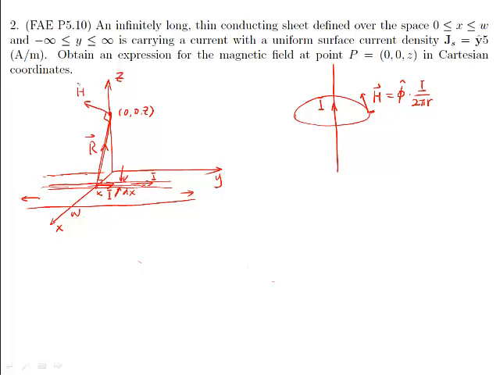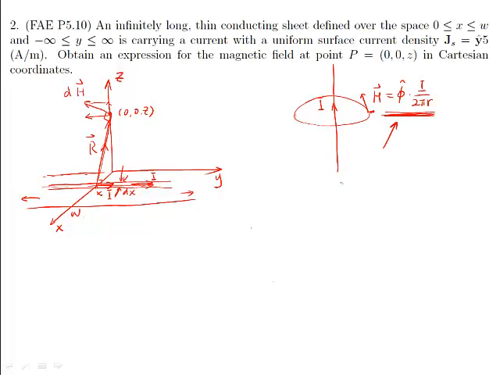So this would be my H field, or dH, due to this line current. Because of symmetry, we know that this H field can only have a z component as well as an x component. It would not have a y component because this problem is symmetric with respect to the xz plane.